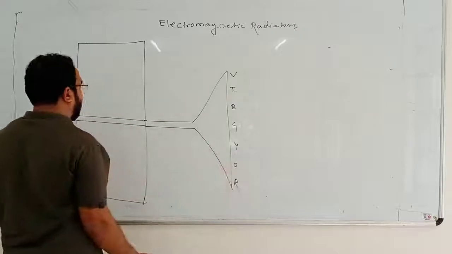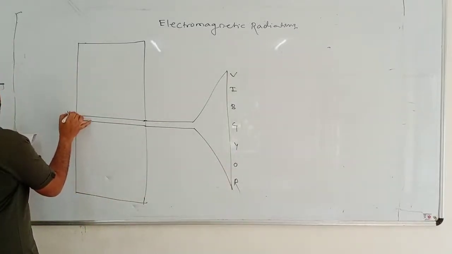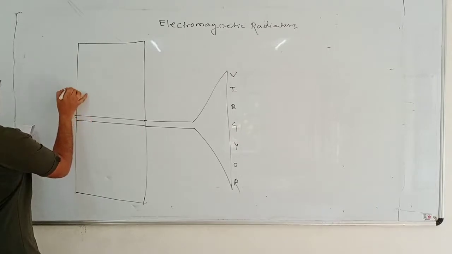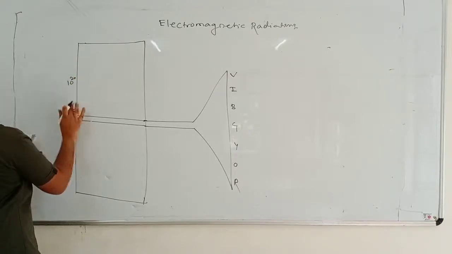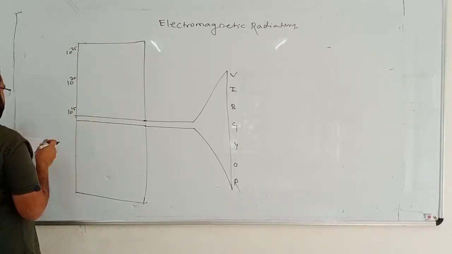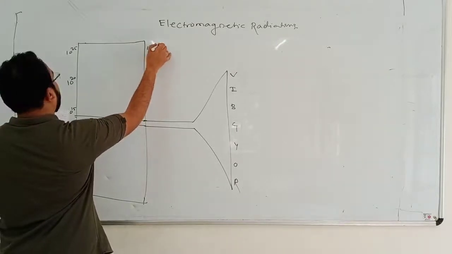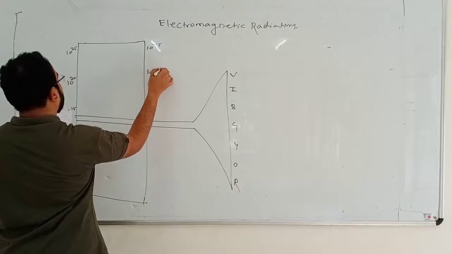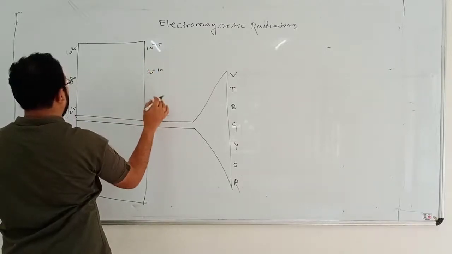This is with your visible light. So here it is 10 raised to power 15, 10 raised to power 20, 10 raised to power 25. Here it is 10 raised to power minus 15, 10 raised to power minus 10, 10 raised to power minus 5.